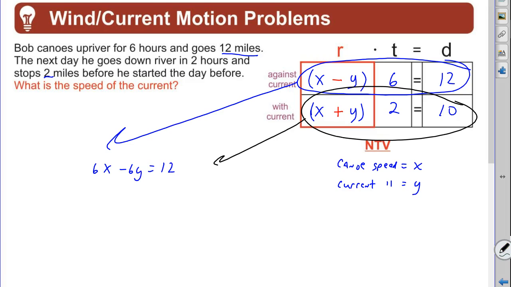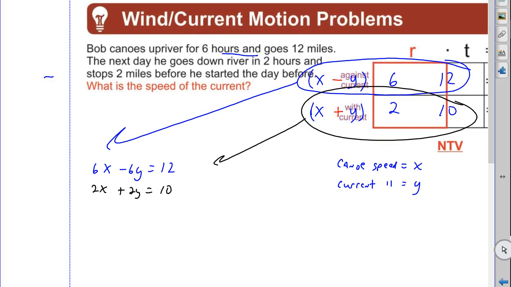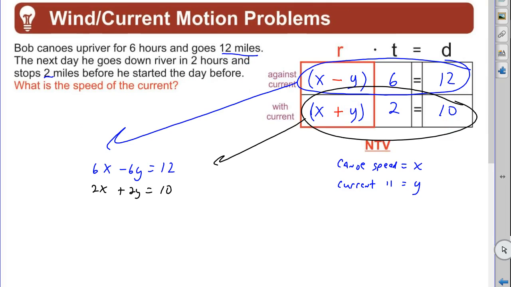And this one ends up being 2x plus 2y equals 10. Now I have to decide, am I going to solve this system of equations by substitution or elimination? And I'm going to choose elimination. Substitution will work as well, but I'm going to go elimination, and I'm going to eliminate my y's.